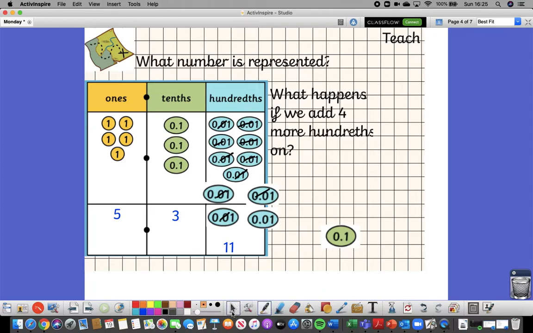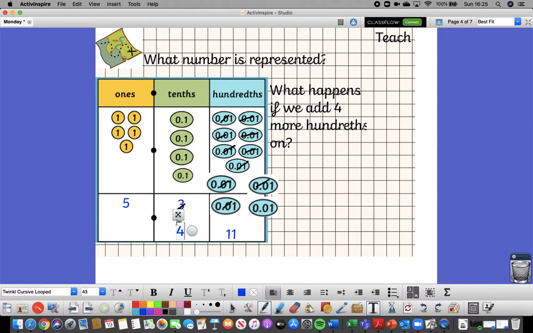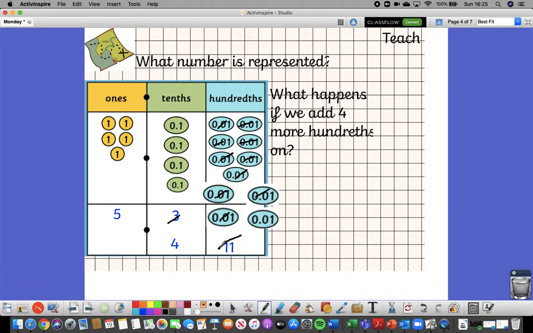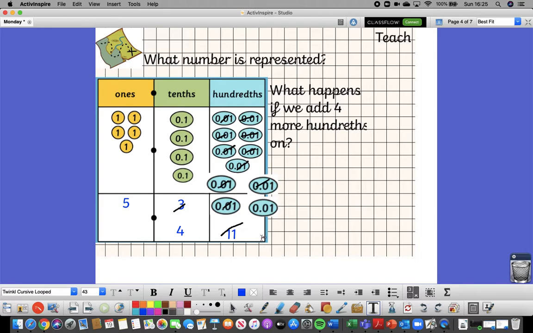So I'm going to exchange those 10 hundredths and make them into 1 more tenth, which means now we have got 4 tenths, and rather than 11 hundredths, we've now only got 1 hundredth. So the number would now read 5.41.